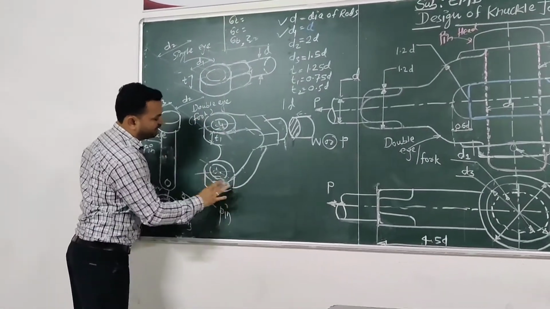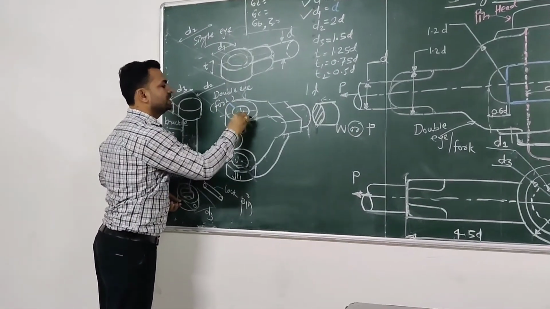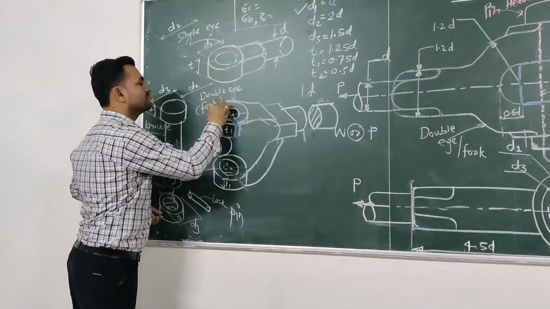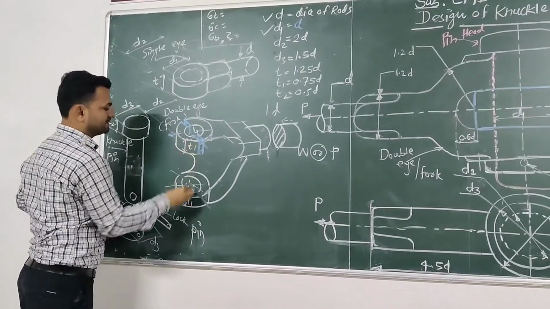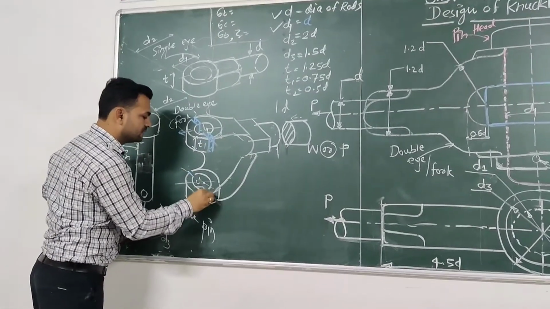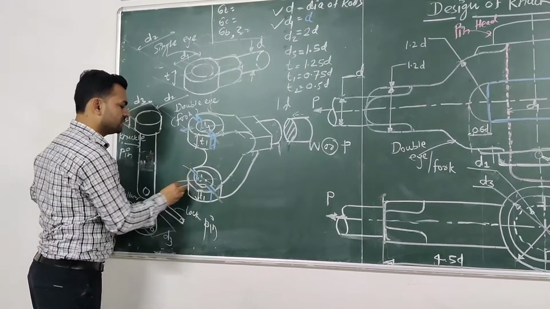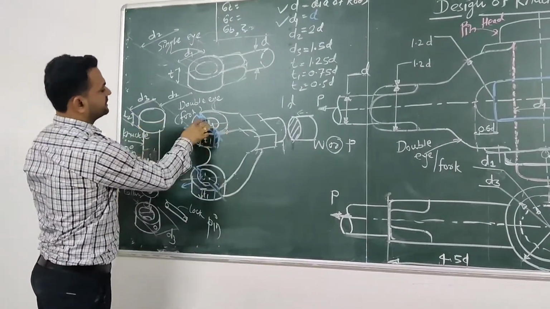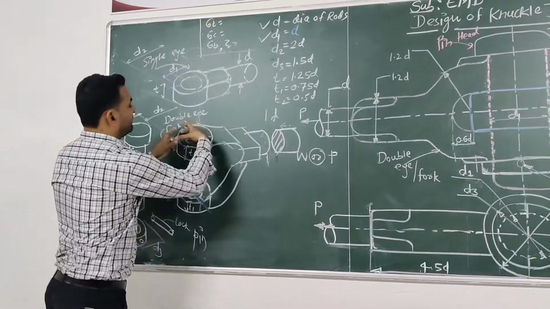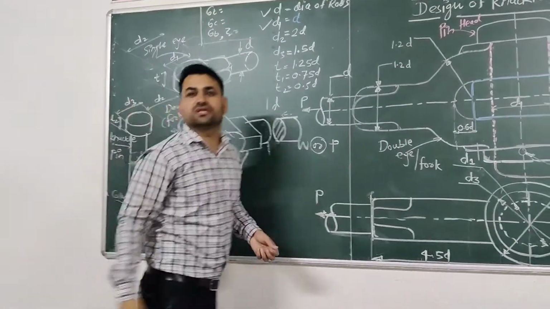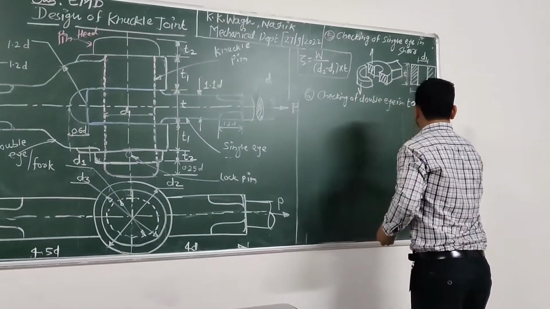Here it may fail, and here it may fail. It is going to fail like this. Here there will be a breakage, and here again there will be a breakage. This is tensile breakage. Both eyes are going to fail like this. And if you see the front view of this failure, it is like this.